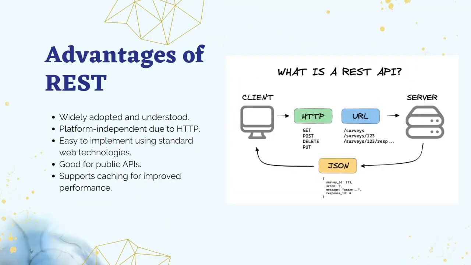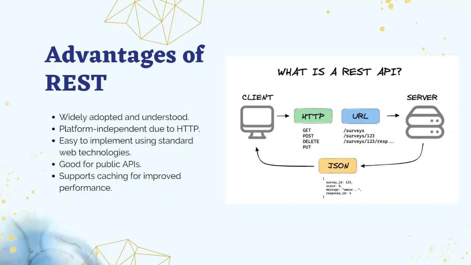So REST has a lot of advantages. REST is one of the most widely adopted and understood protocols, and it is platform independent. Since we are using HTTP, it is very easy to understand and implement using standard web technologies. It is very good for public APIs, and it supports caching for improved performance.